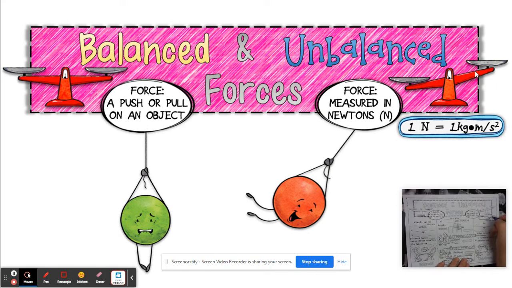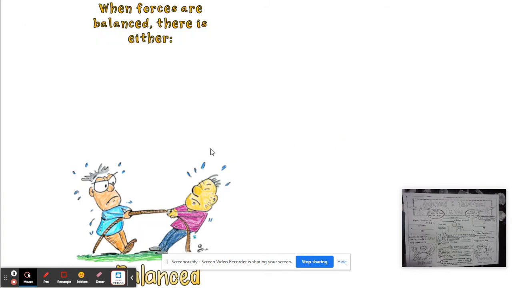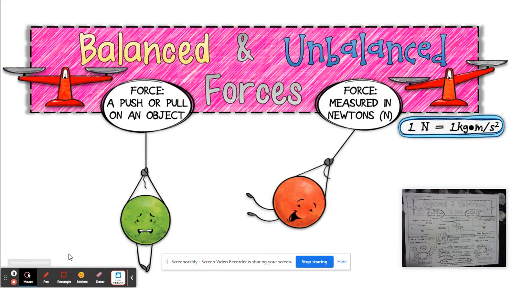So on your paper, I want you to write 1 N equals 1 kilogram times meters per second squared. That's how you read that: 1 kilogram times meters per second squared.